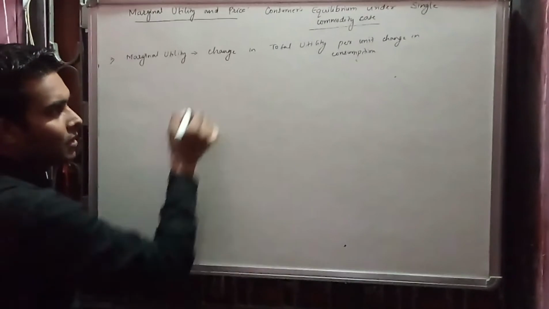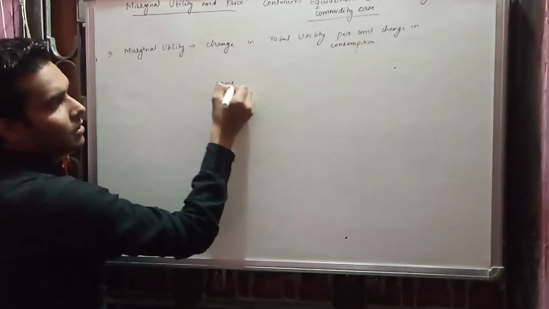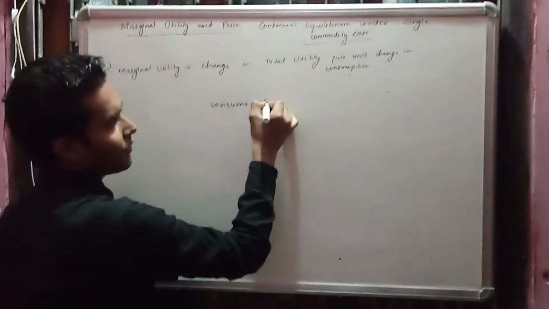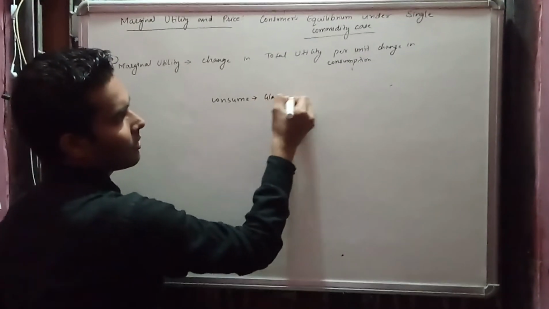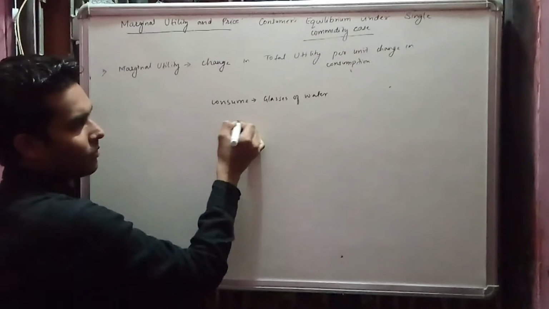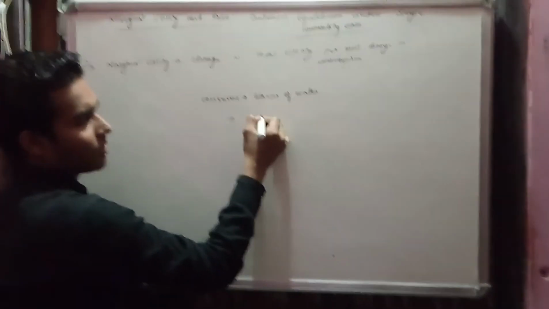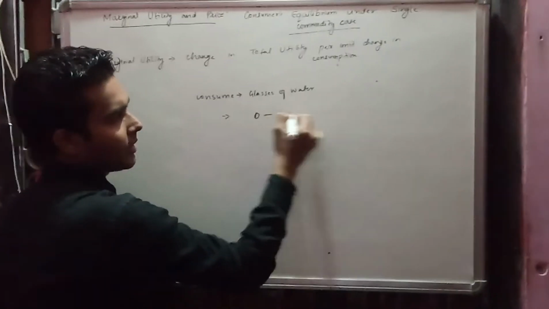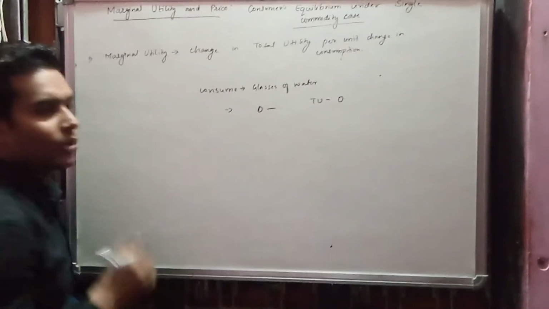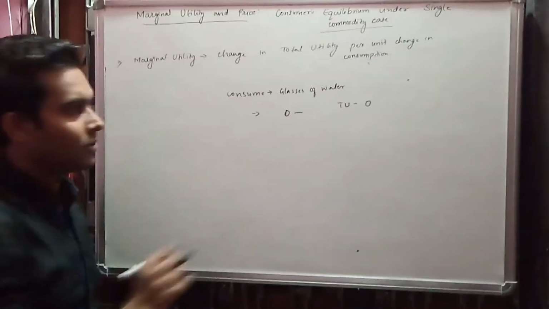For example, there is a consumer. He is consuming, let it be, glasses of water. Now, when he consumed 0 glass of water, that means his total utility is 0. He does not gain anything.